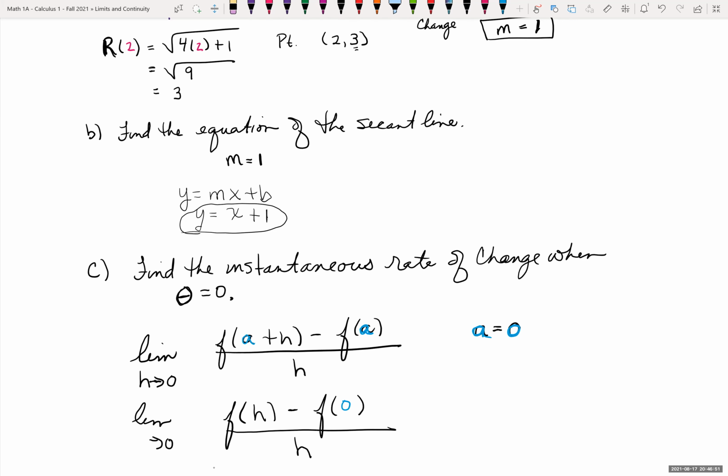Actually, that's still h, sorry. In our case, a is 0, or we let theta equal 0. Oops, and I said that was r.